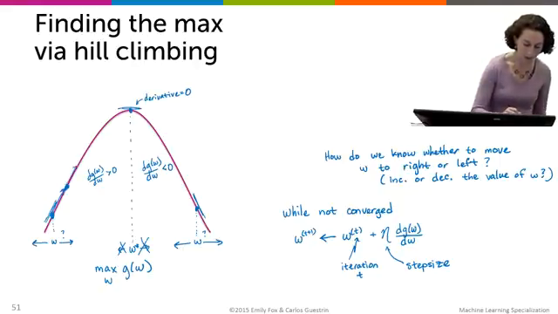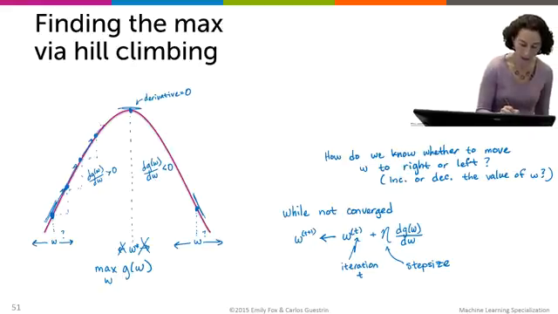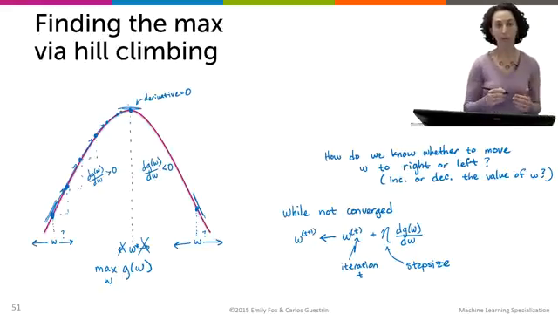Then I compute the derivative, and I'm still taking a fairly big step. I keep stepping, increasing w, and computing the derivative. And as I get closer to the optimum, the size of the derivative has decreased.